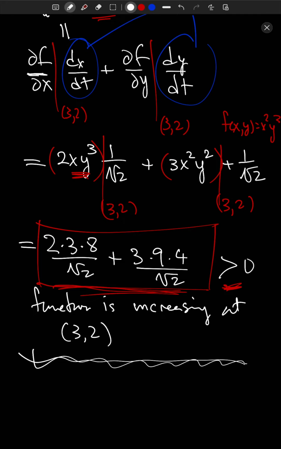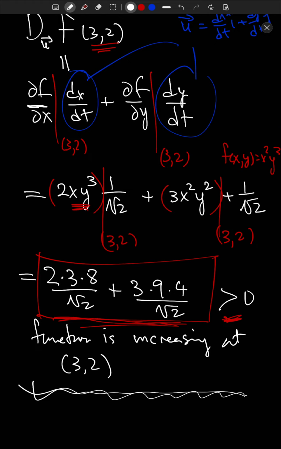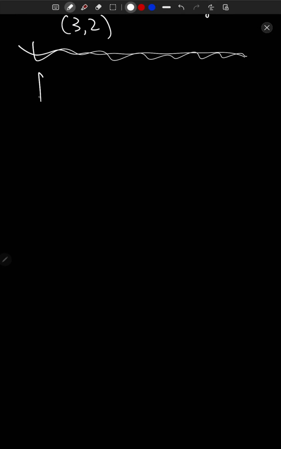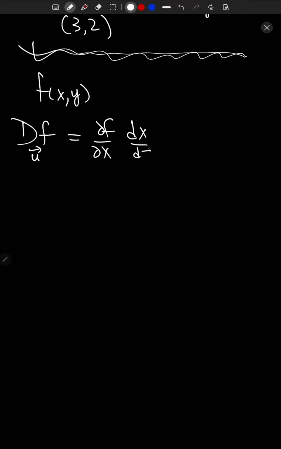Let me write out this directional derivative again, and let me reorganize the terms just a little bit, and then we'll have something really important. So again, f of x comma y. I'm taking a directional derivative of f in a certain direction u. What is that? That's df dx. At this point I'm going to stop writing the dx dt, because we know by now the parameterization doesn't matter.